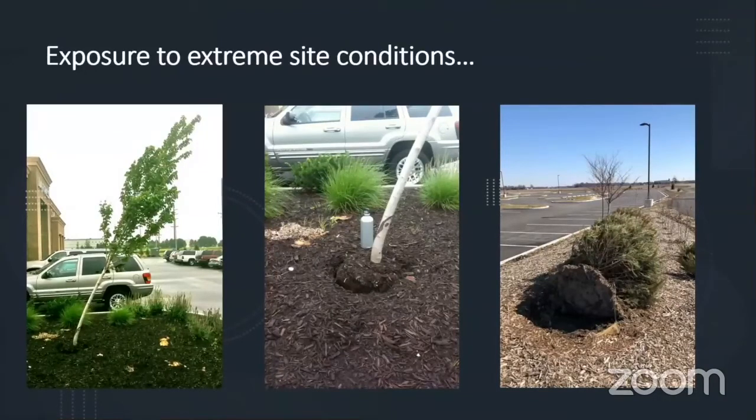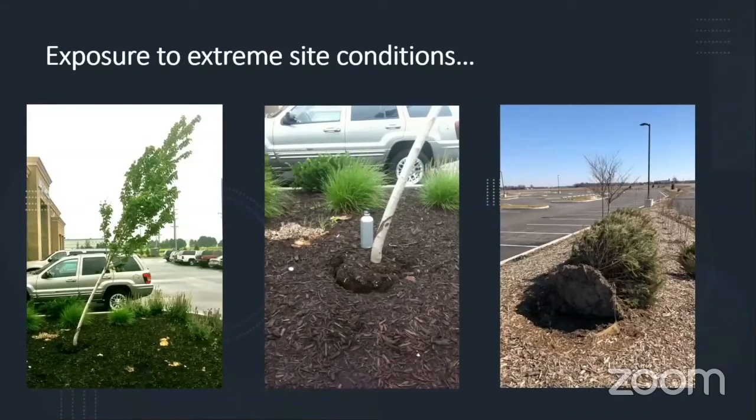On the left and then the middle picture, you see really what was an undersized root ball for that particular size tree. And you can see in the wind there, that's my water bottle, it's just wobbling back and forth. So the tree is never going to establish any type of root system or develop any type of stability. And staking or guying would have been appropriate there.